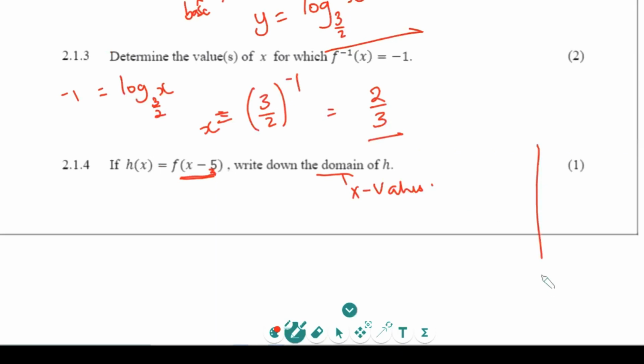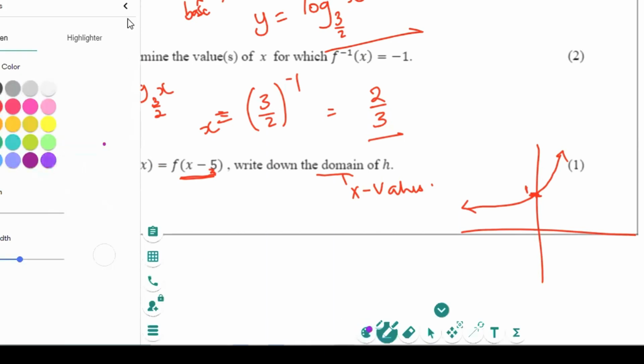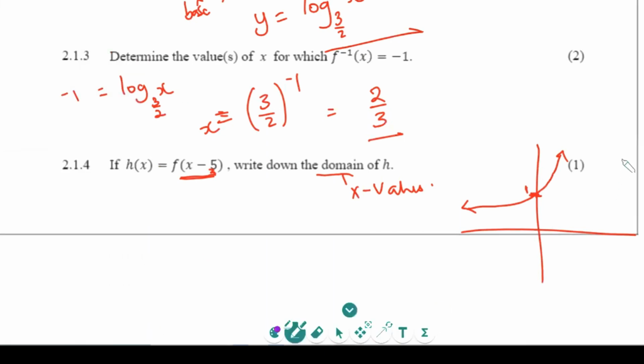So if I were to sketch this, remember the graph was passing through 1, and that was the scenario. Now they are telling us that we are shifting this graph 5 units to the right. So the graph is somewhere here, but still passing through the same points.